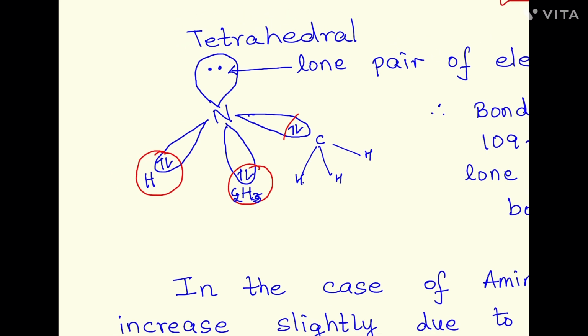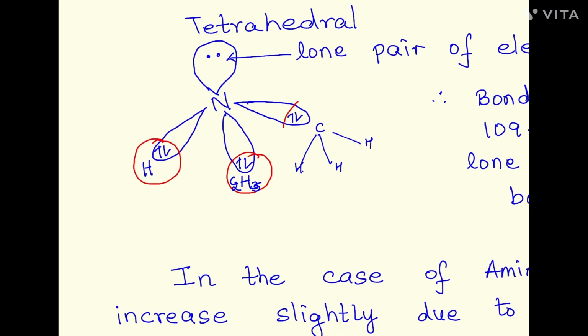Now just try and visualize this structure. Same way, if I have here, this is overlapping with a carbon, which in turn is bonded to 3 other hydrogen atoms, CH3. Look at what is happening. There is crowding. They are going to push each other away.